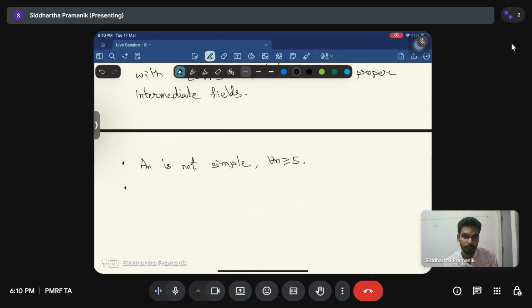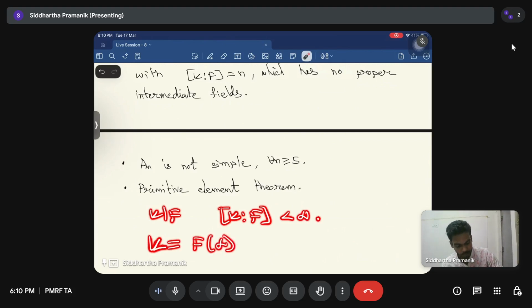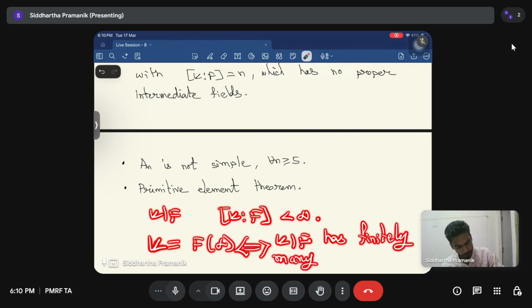And in the end, we have done the primitive element theorem, which basically states that if K over F is a finite extension, then this extension is primitive, that means K is equal to F adjoin some alpha, if and only if K over F has only finitely many intermediate fields.